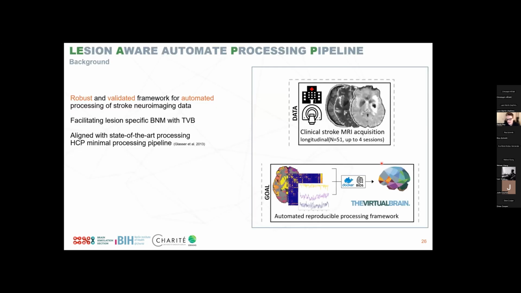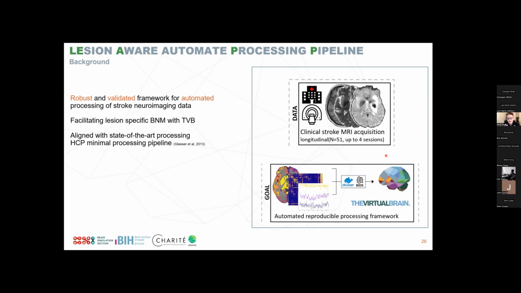So the idea is, as I mentioned, we have this clinical stroke MRI data, and the idea was to enable the processing of these data to be directly ingested into The Virtual Brain, so that we can use brain network modeling to, for example, find biomarkers for recovery prediction.